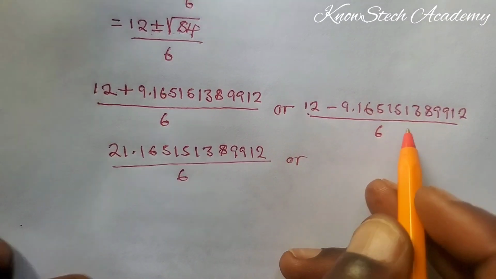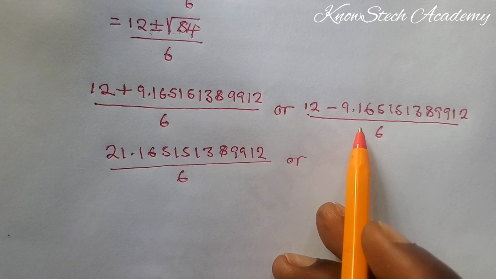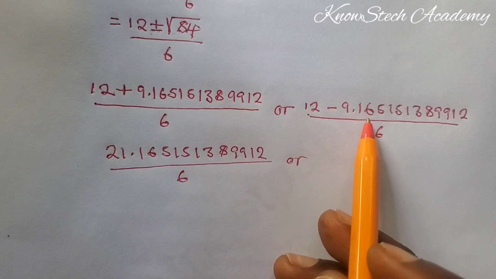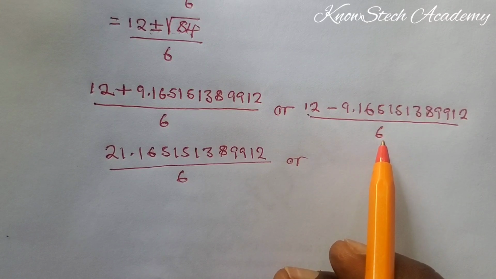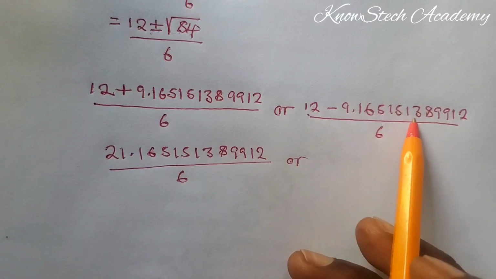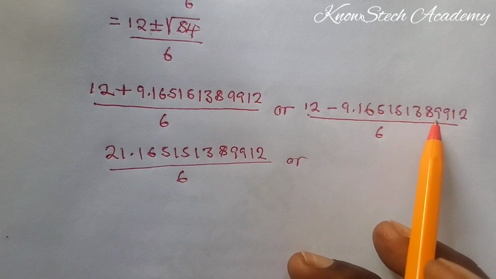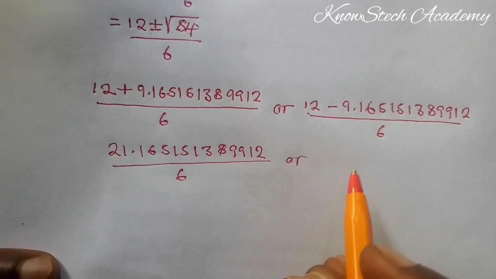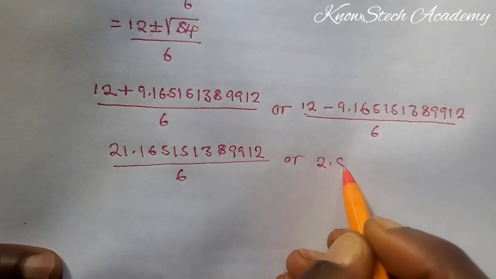Or you do the same there, subtract 12 minus 9.16515138912. Okay, now this one is giving me 2.8.